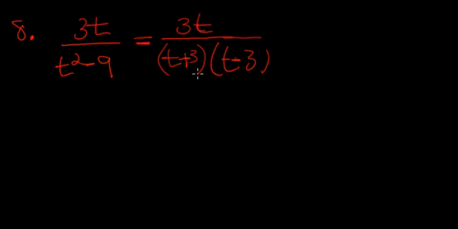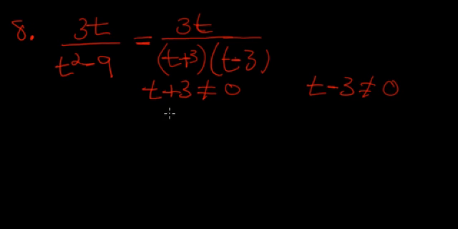Now, if I have two numbers multiplied together to equal 0, either of them will be 0. Or what we can say is all of our factors can't equal 0. Right? And I'll put the other one over here. Can't equal 0. So t can't equal negative 3, and t can't equal positive 3.